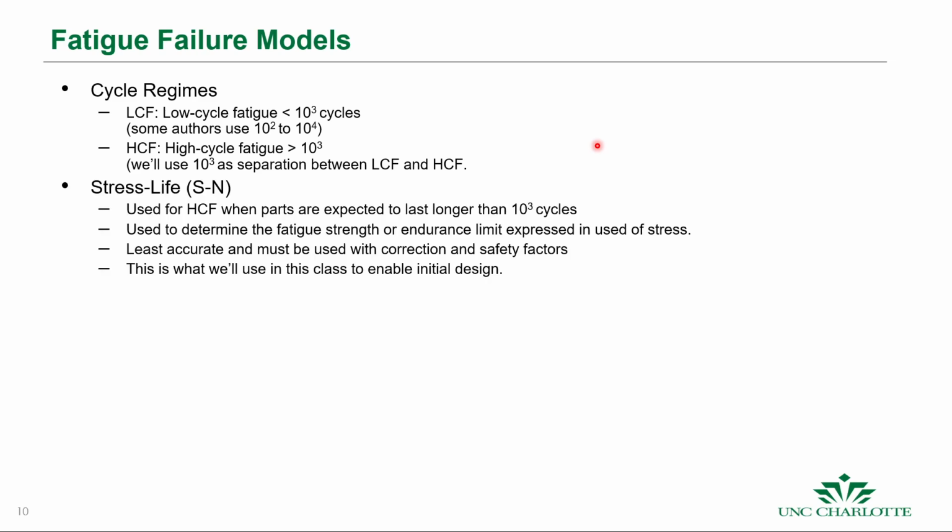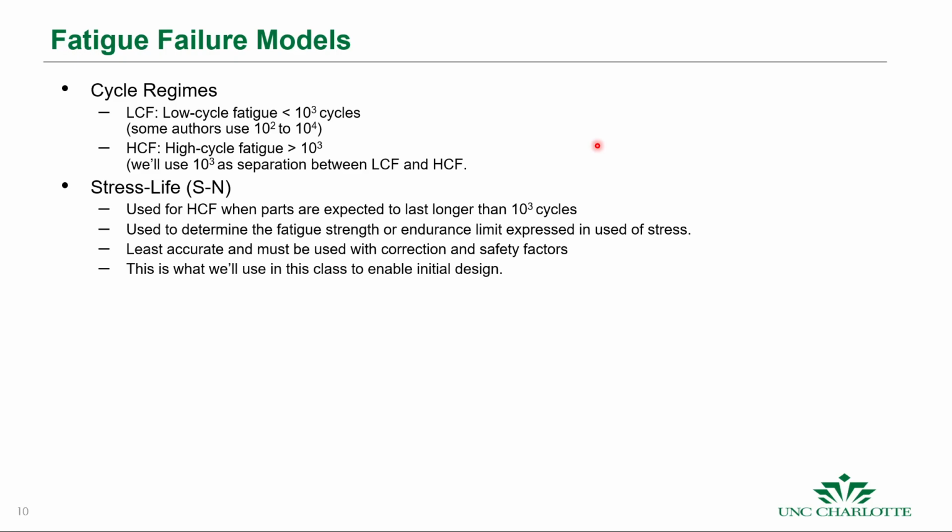And we have the stress life curves that we use for high cycle fatigue. If we have an application where we have a part and we know that it's going to experience dynamic loading of more than 10^3 cycles, then we'll use a theory for high cycle fatigue.